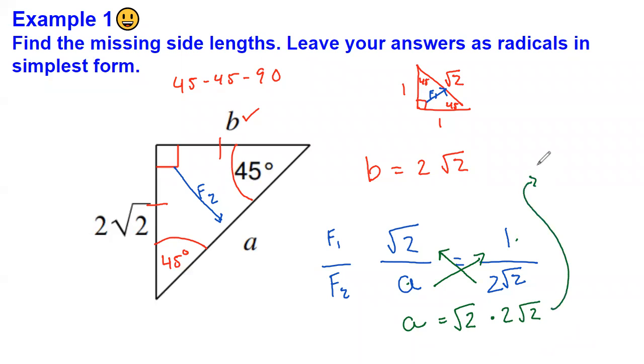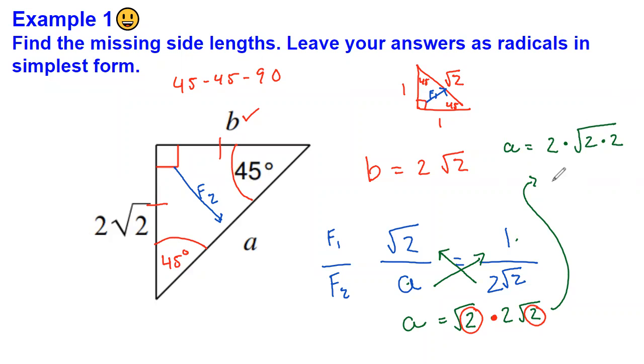A equals 2 times the square root of 2 times 2. So did you guys see what I did? Notice here that I had square root of 2 and square root of 2. Since I'm multiplying them together, I can write them both inside of my radical.